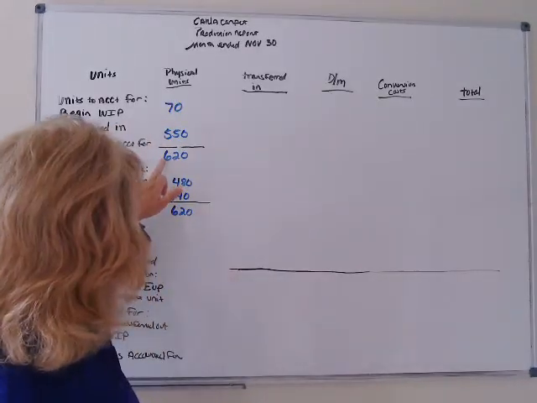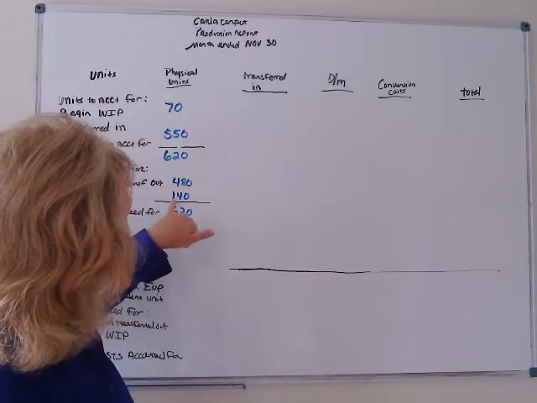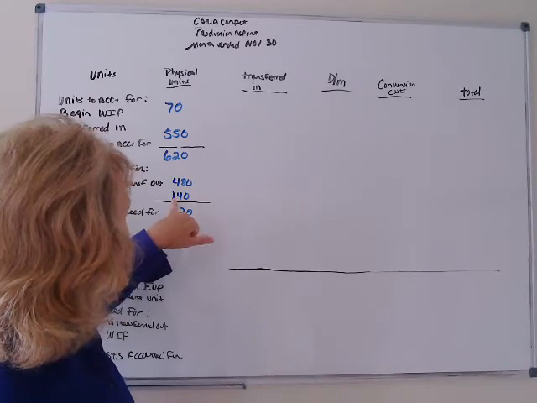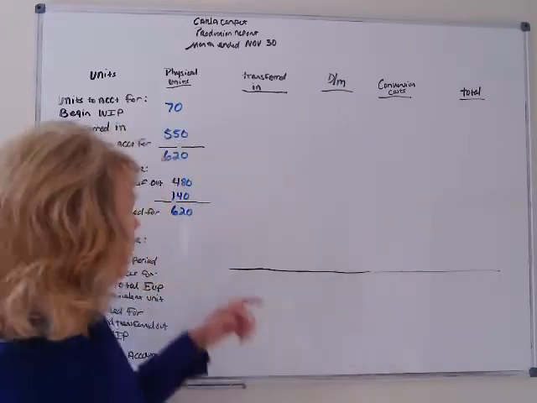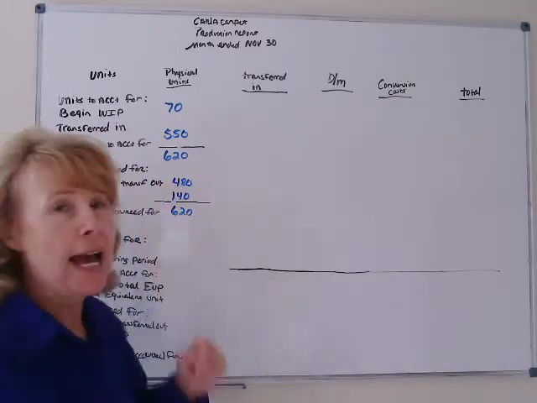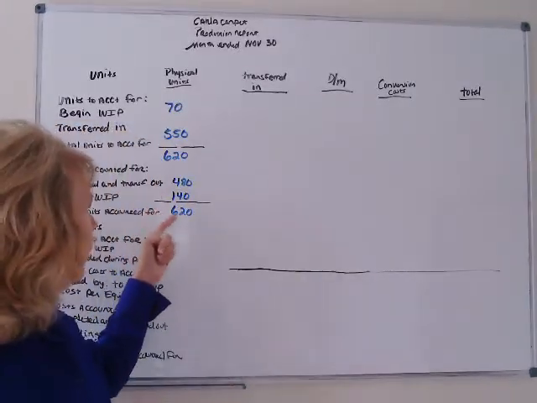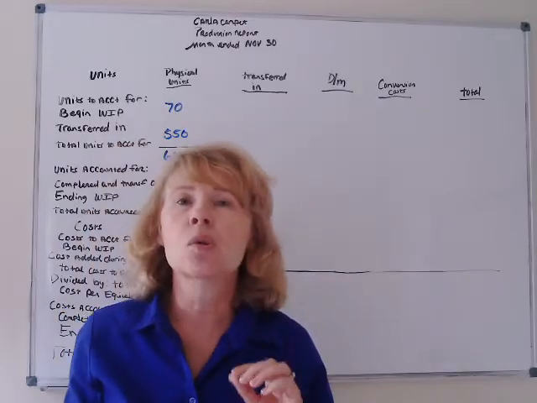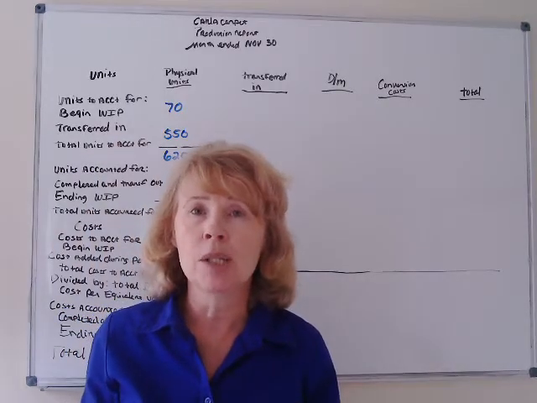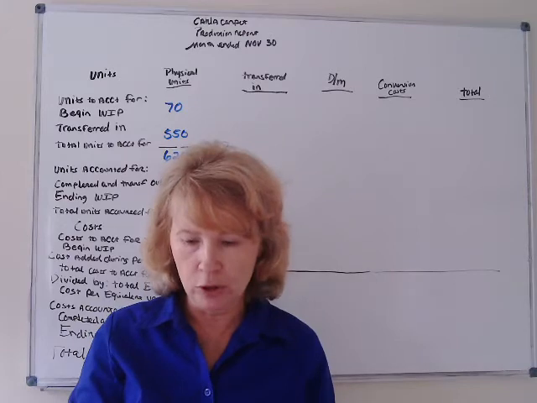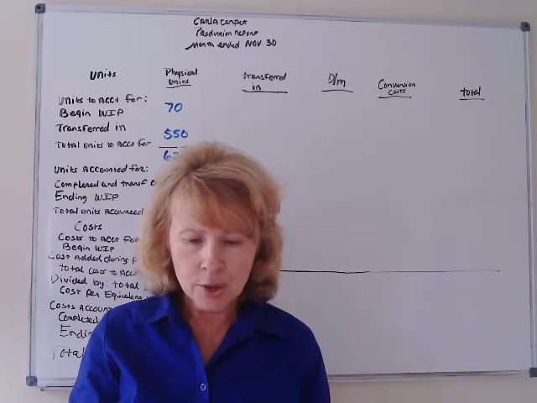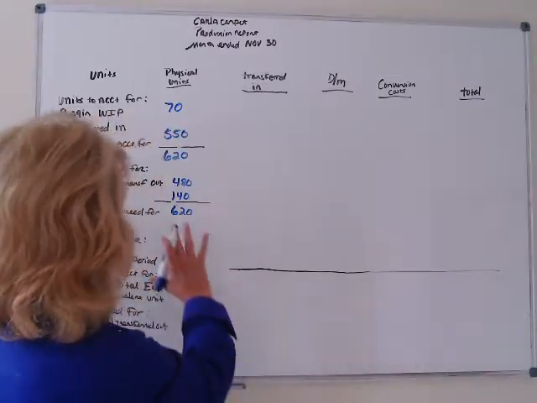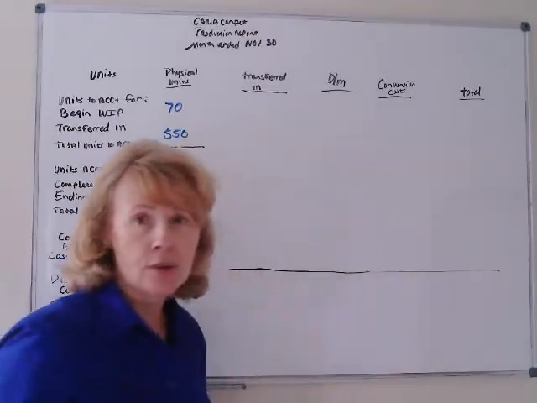You would take 620, subtract the 140, and that would give you 480. Double check your math, make sure the 480 plus the 140 equals the 620. Sometimes problems will make you work, they won't give you those numbers. But this one did. Now we're going to flow this all the way across.